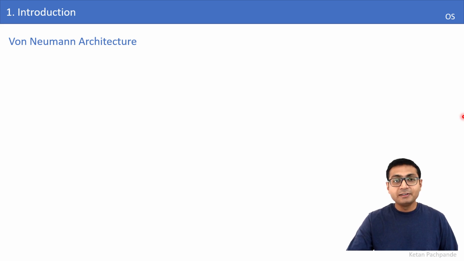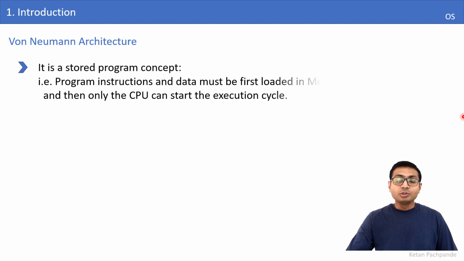Whatever I have explained is called as von Neumann architecture. So according to von Neumann architecture, first the program needs to be stored or brought in main memory. So program instructions and data first must be loaded in memory, and then only CPU can start the execution cycle, the stages I have just explained.